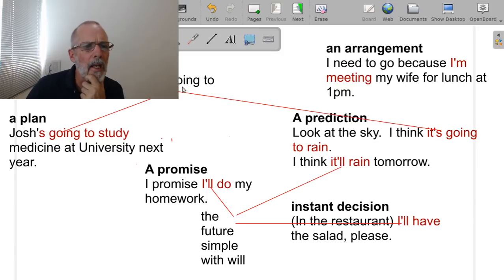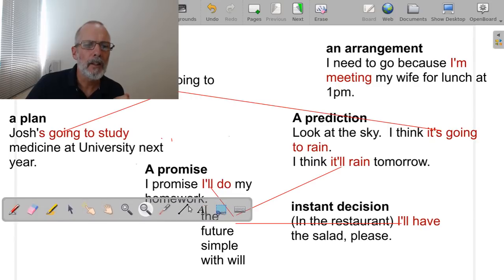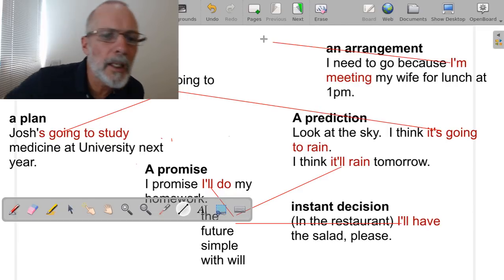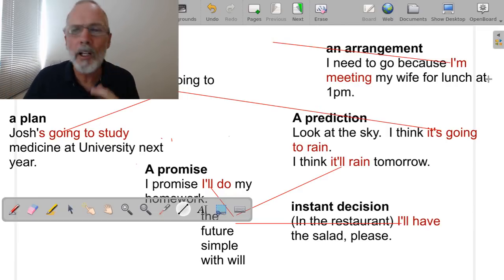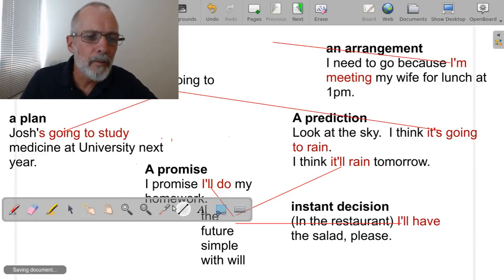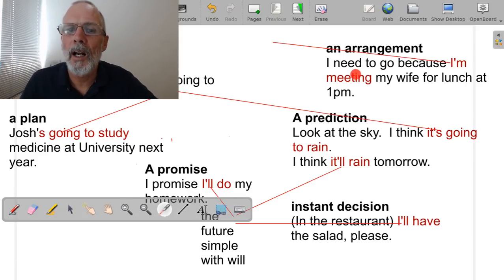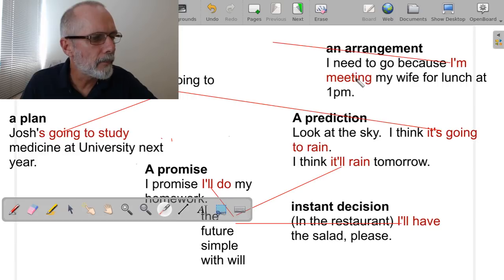And finally, the other one we have on here is an arrangement. Can anybody tell me the name of this tense? I'm meeting. We saw this tense a couple of weeks ago, and we've seen this tense many times before. What continuous is it?